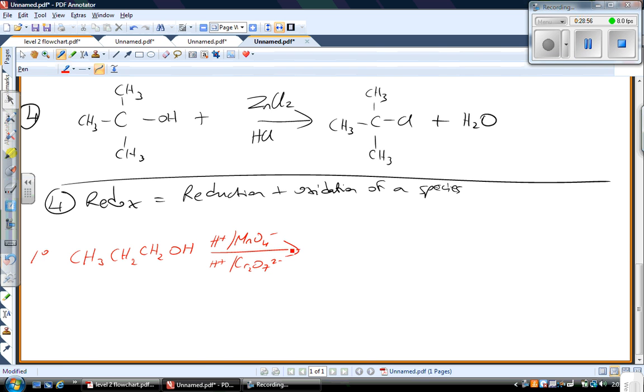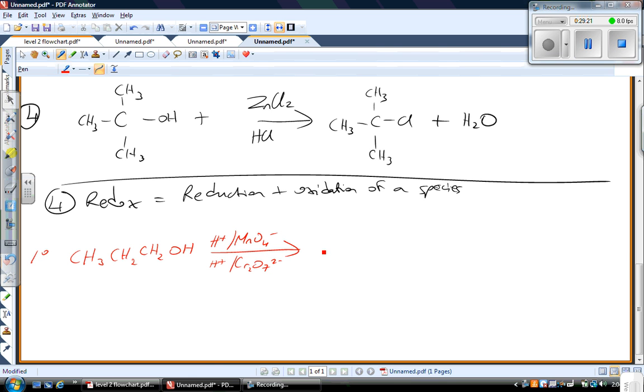Purple for permanganate to colorless when it forms its Mn2+ reduced species. And dichromate, which is nice and orange, forms a nice green color as it forms Cr3+, which is also its reduced species. So in either case, the oxidizing agent by definition is reduced itself, and then the terminal carbon, which is bonded to the OH group or hydroxy group, is the one which is oxidized.